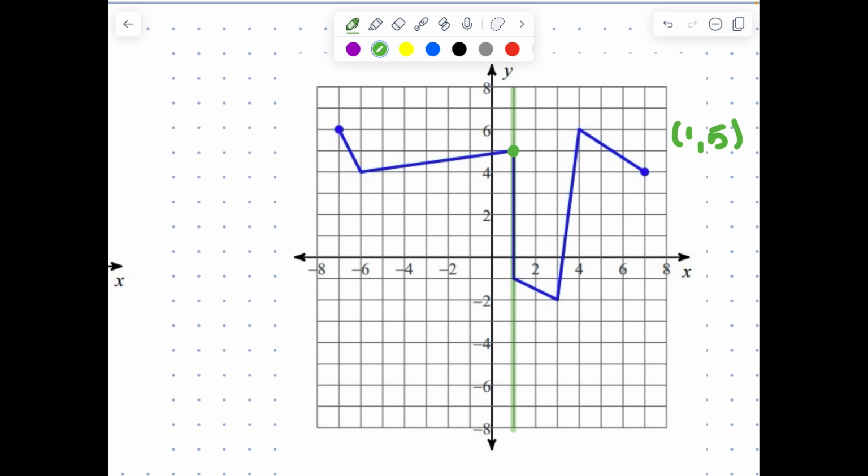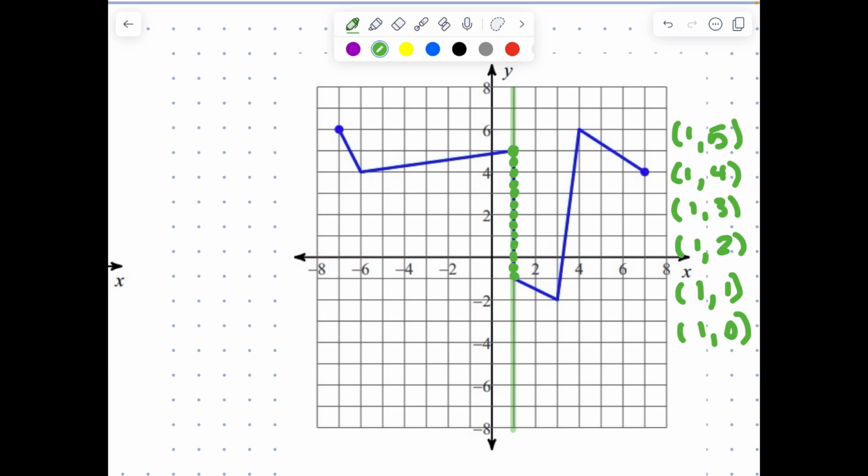But also on this plot, there's 1,4.5 and 1,4, 3.5, 3. All of these are points with a 1 and then something. Now there are more than I'm writing, but even just having 2 disqualifies it from being a function.